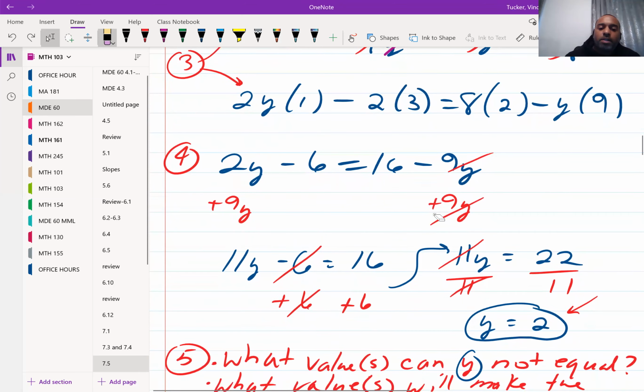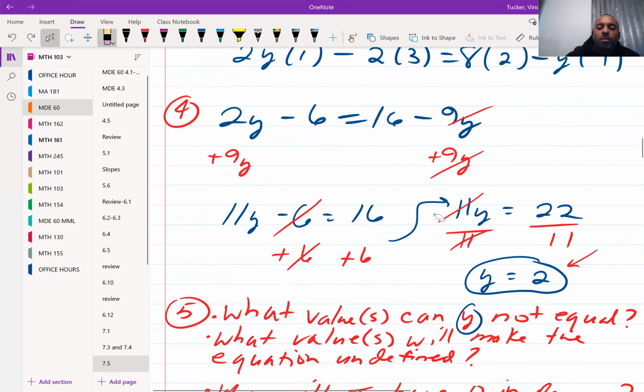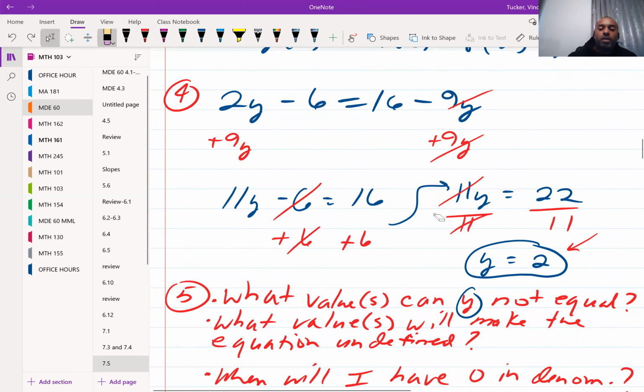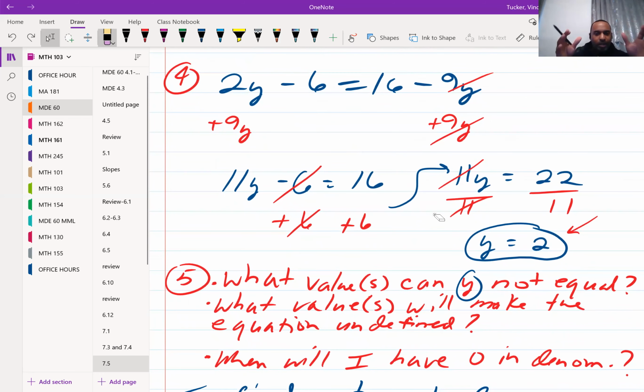So now that last step, we talk about checking for extraneous values. You should be asking yourself, what values can y not equal? In other words, what values will make the equation undefined? Because remember, when we talk about fractions, whenever you have 0 in your denominator, that's undefined. So just giving you different ways of looking at what it means for a value to not work for us, or when will I have 0 in the denominator? So all three of those things are the same thing.